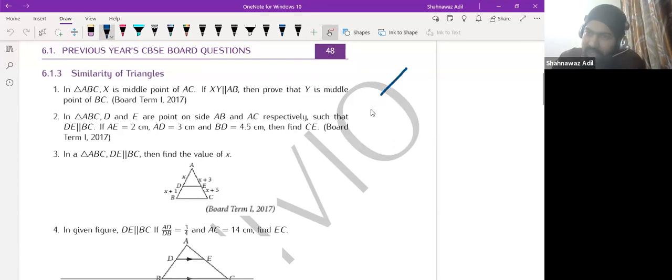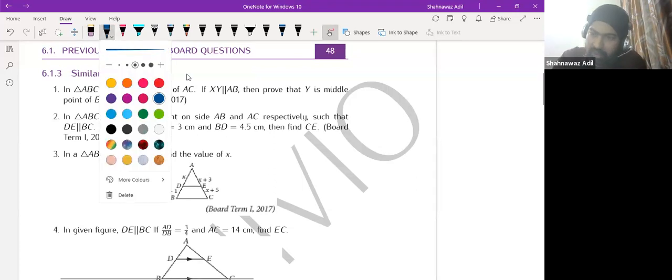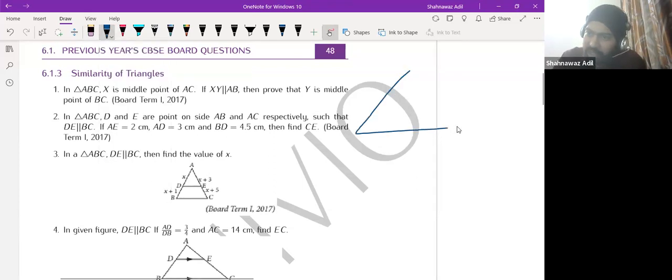If in triangle ABC, XY is drawn and X is the middle point of AC, and XY is parallel to AB, right?